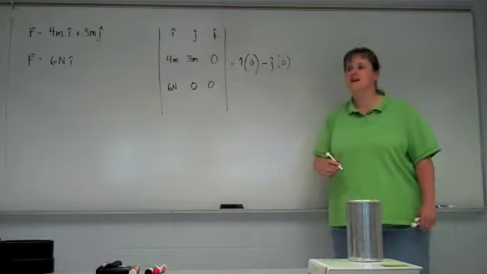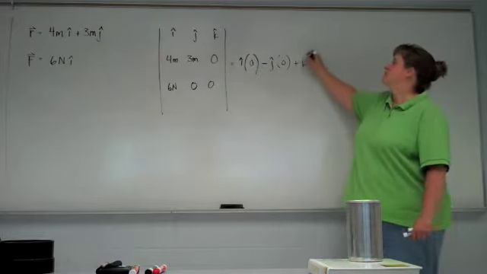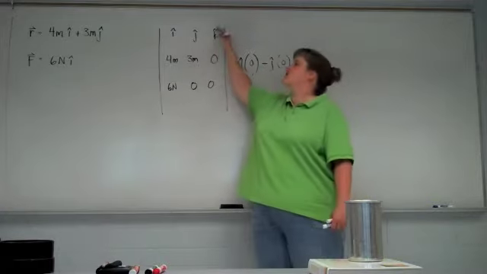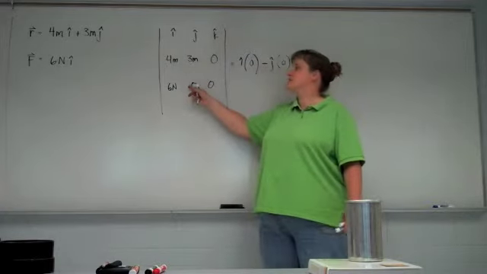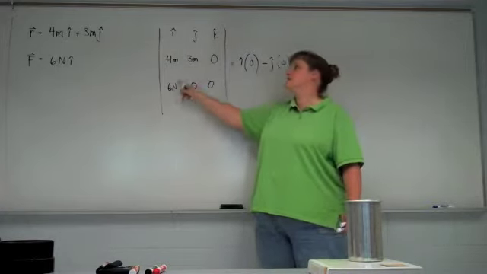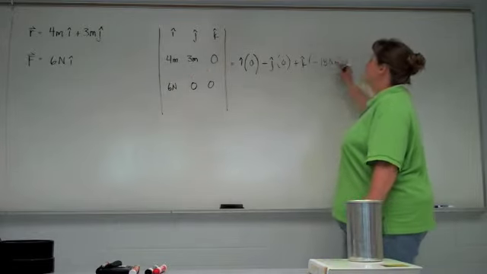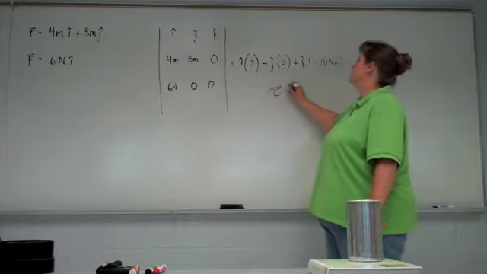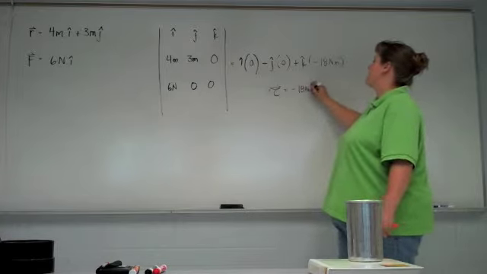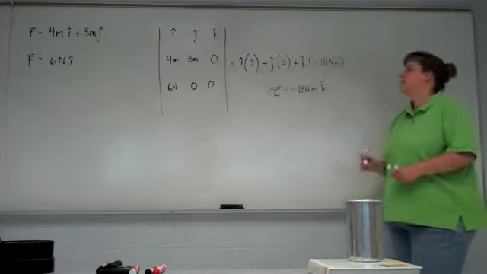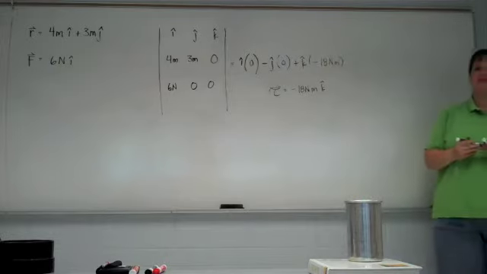So we get 0 for J. K hat, cross out the row and the column, 4 times 0 is 0, minus 6 times 3. So our torque would simply be negative 18 Newton meters K hat.